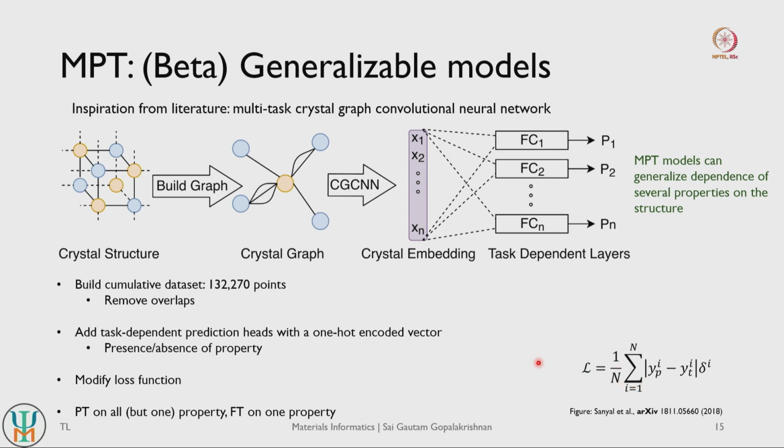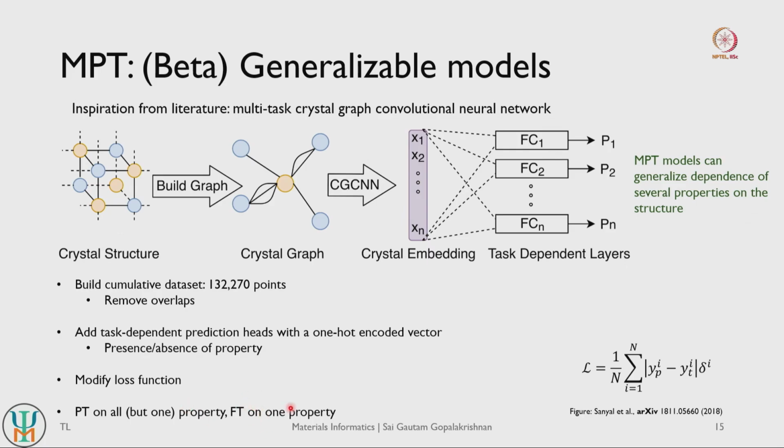So we modified our loss function, and to explore whether transfer learning is still useful, and how well this multi-property pre-training actually helps us, we pre-trained on all but one property first, and then we fine-tuned on the remaining one property.